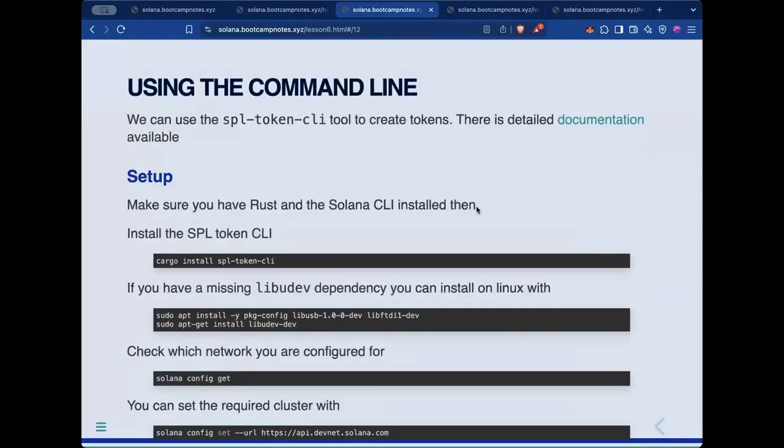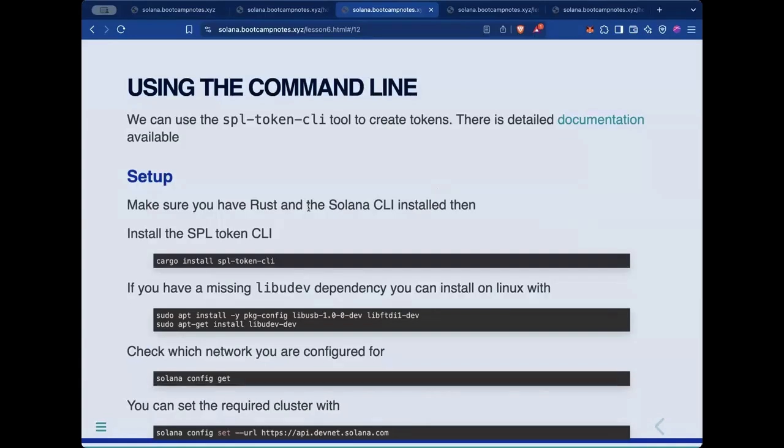Right. If you want to start trying this out, you can do this. We can use the command line. We have a tool that allows us to create tokens on the command line. So we'll look at how to do this programmatically, but also we can just do this on the command line as well.